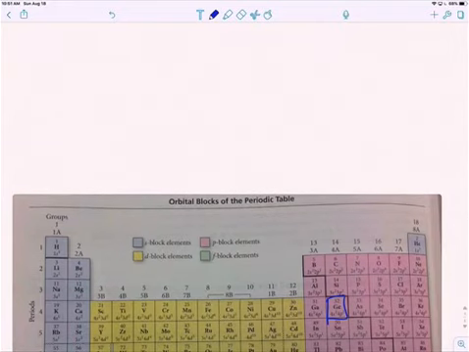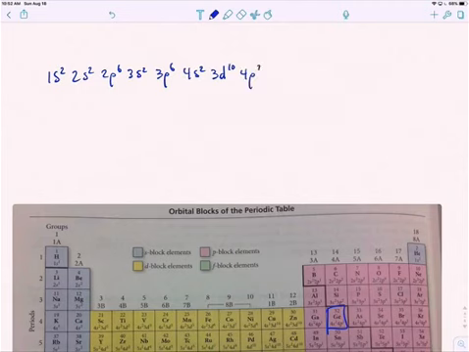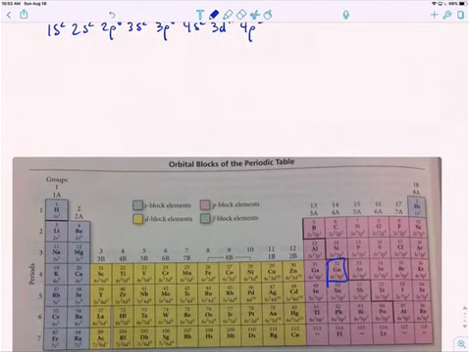And what is germanium? It's going to be 1s2, 2s2, 2p6, 3s2, 3p6, 4s2, 3d10, 4p2. I'm getting this from the periodic table.